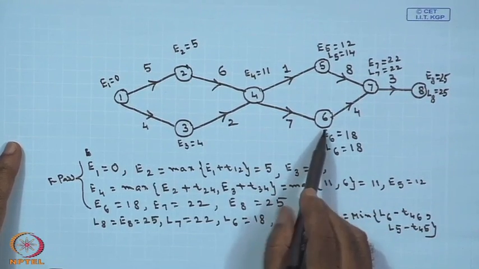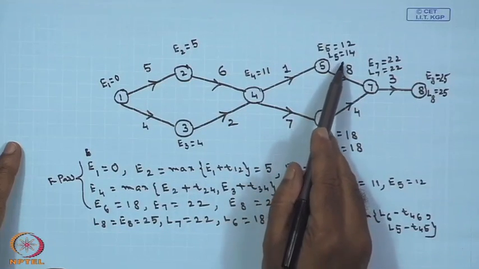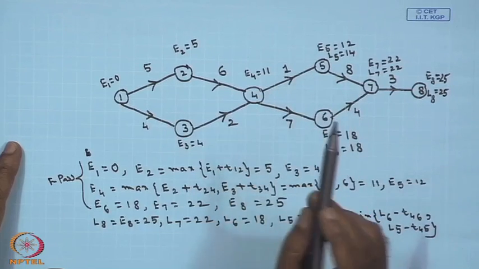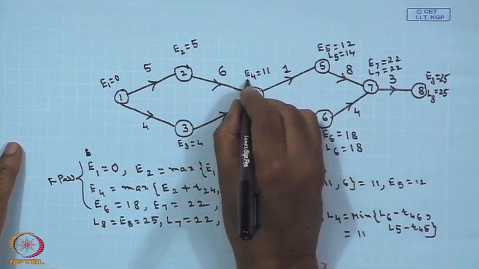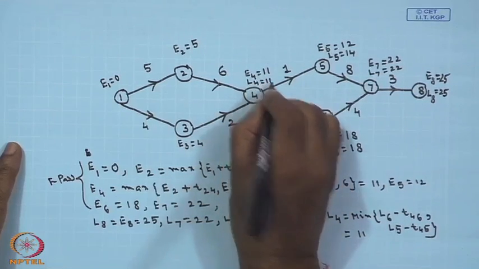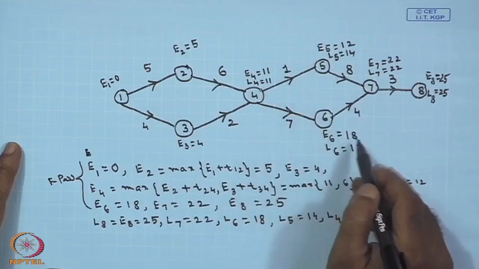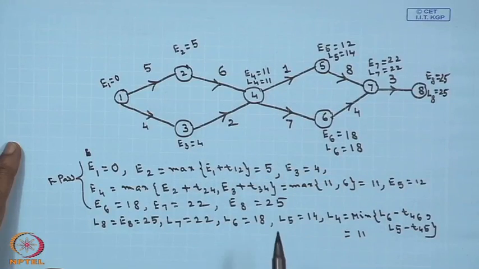L6 minus T46, that is 11 you will get, and here L5 minus this, that is 13. So, minimum of 11 and 13, that is 11. So, therefore, your L4 this will become 11. So, I think it is clear L4 is 11, because minimum of 14 minus 1, 13 and 18 minus 7, 11, minimum of 13 and 11 is this.